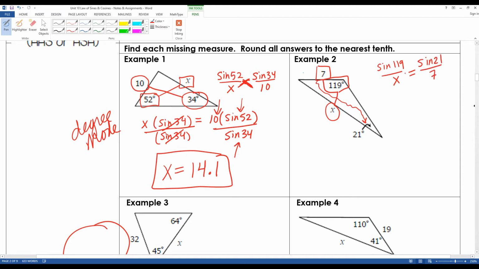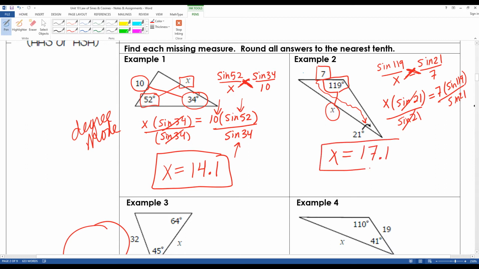Cross multiply: x times the sine of 21 is going to equal 7 times the sine of 119. Divide by the sine of 21. So x equals 7 times the sine of 119, divided by the sine of 21, and you should get 17.1. Make sure that's what you're getting.